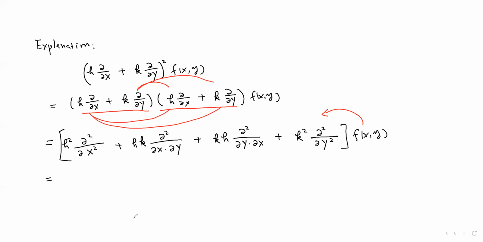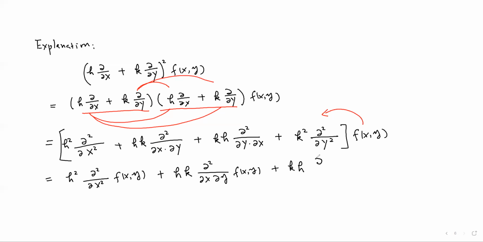Then we get h squared partial squared partial x squared f plus h k partial squared partial x partial y f plus k h partial squared partial y partial x f plus k squared partial squared partial y squared f.